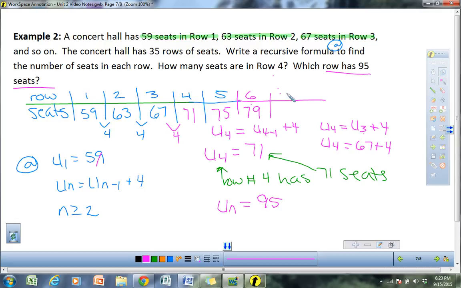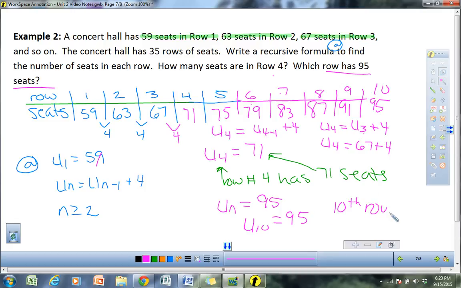You can just use your calculator and keep adding 4. 7 is going to be 83, 8 is going to be 87, and 9 is going to be 91, almost there, and then 10 is going to be 95. So we're going to write U sub 10 is going to be 95. So the 10th row will have 95 seats.